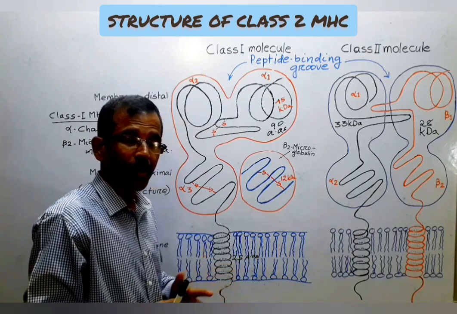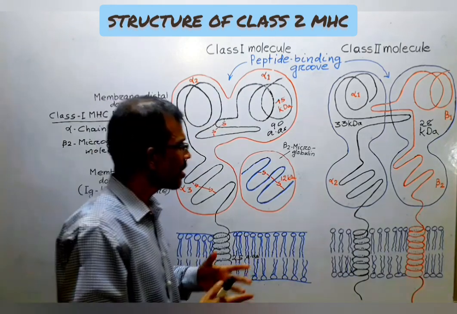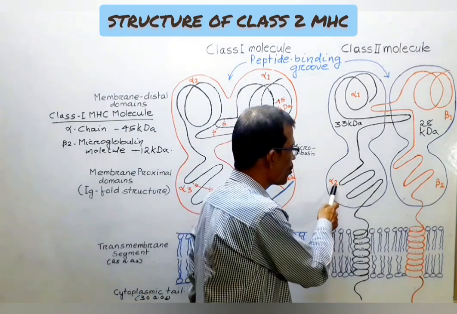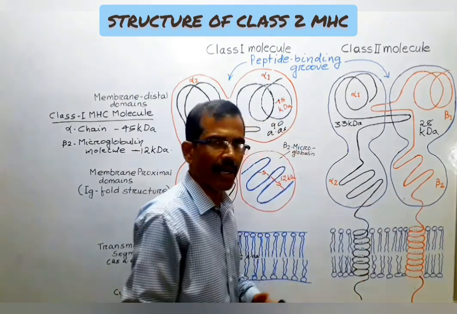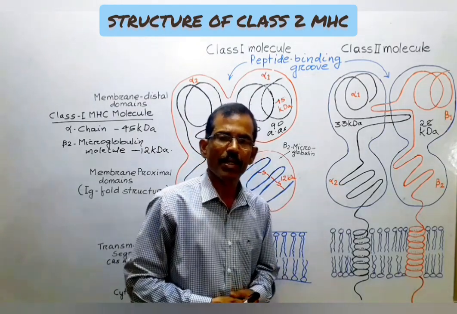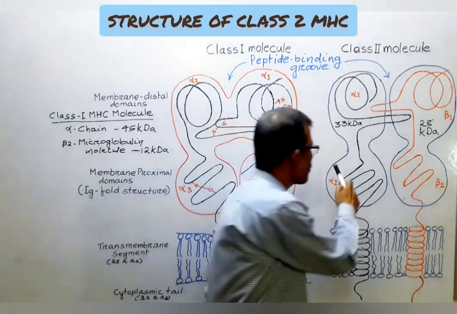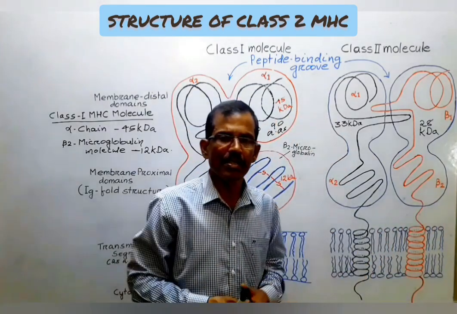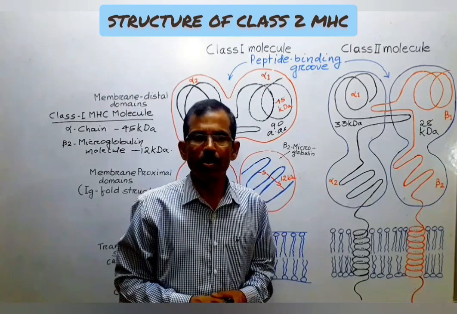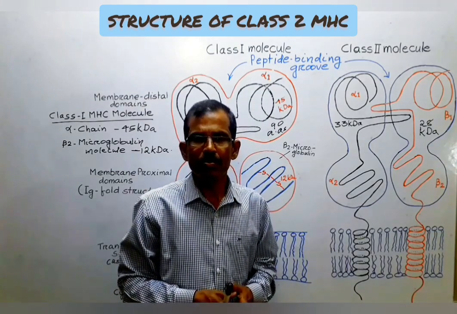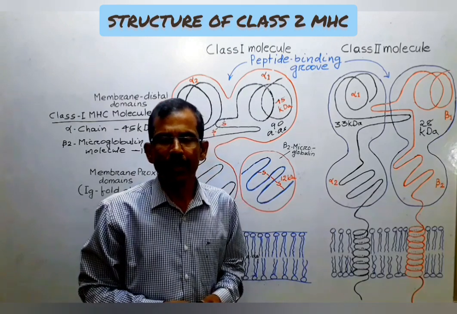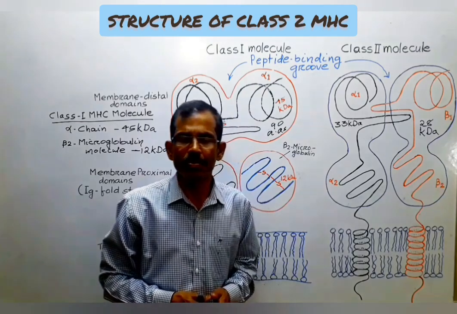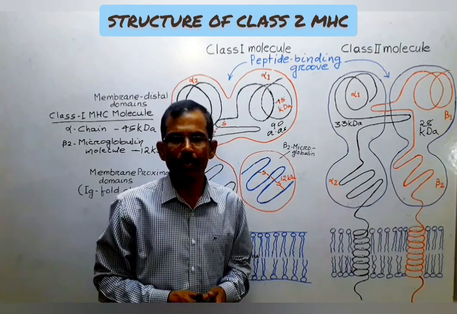As in the case of class 1 molecules, here also the membrane proximal domains alpha 2 and beta 2 are organized into two antiparallel beta pleated sheets. They form a structure called immunoglobulin fold, which is characteristic of immunoglobulin domain. Because of the structural similarity, class 2 MHC molecules are classified as members of the immunoglobulin superfamily.